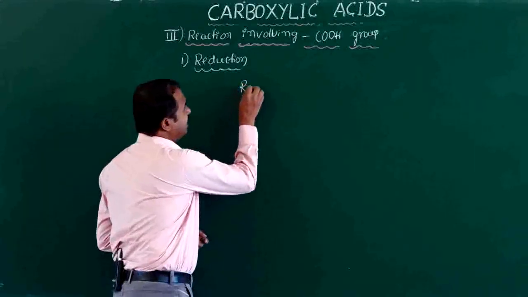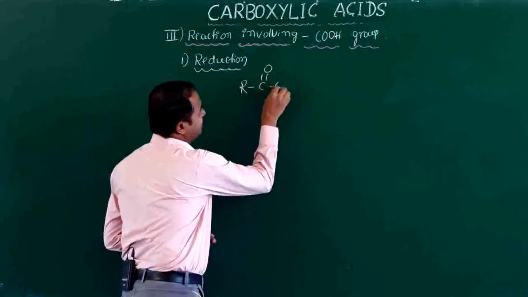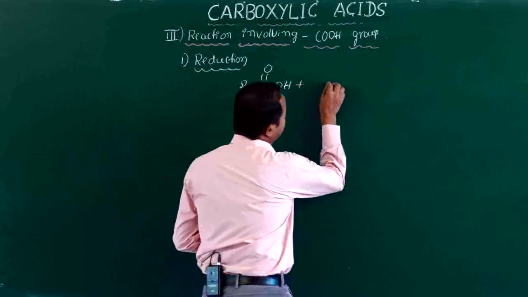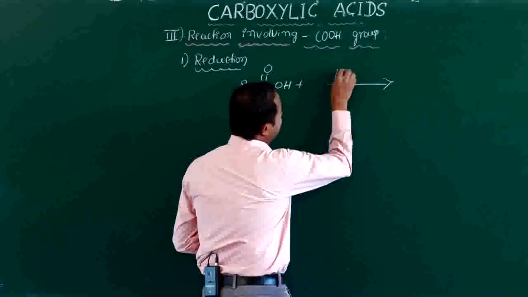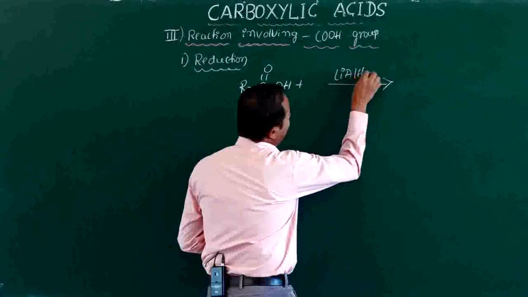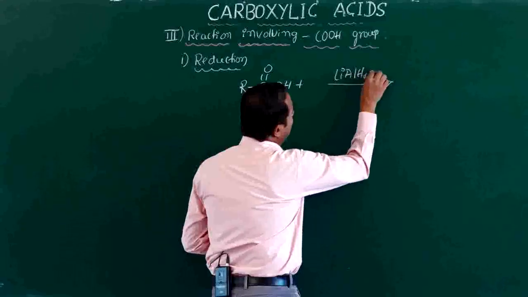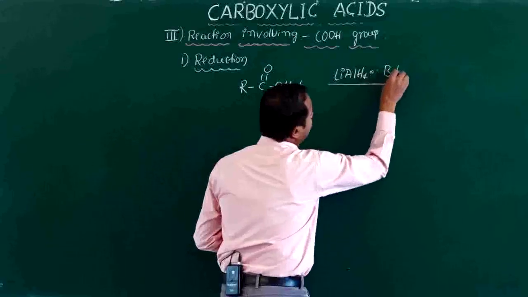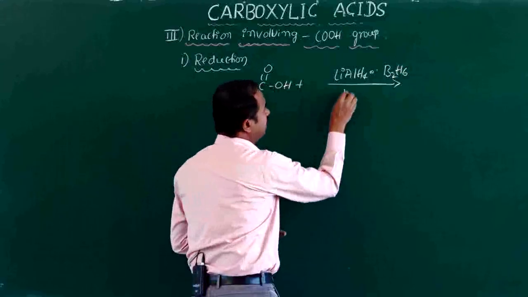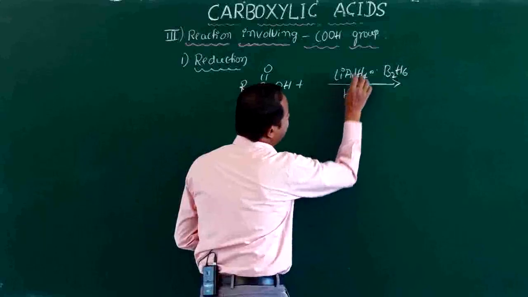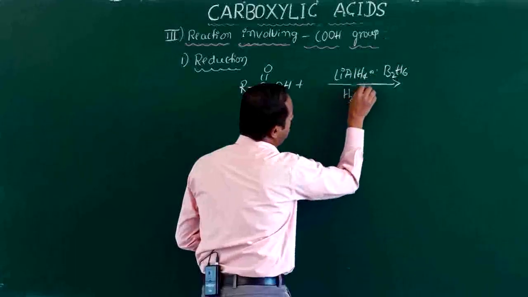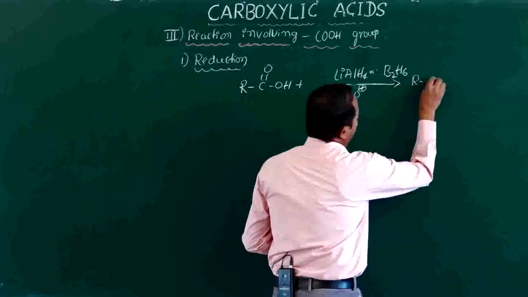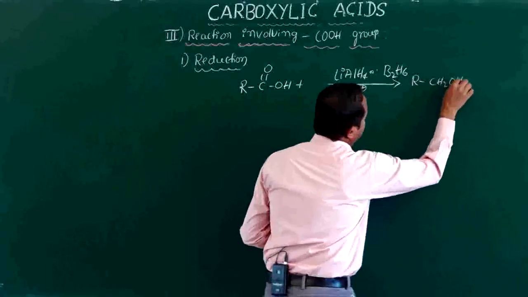For example, I will take the general formula of carboxylic acid. Carboxylic acid is reduced with lithium aluminum hydride, or diborane, or sometimes we go for acid hydrolysis H3O+, to form primary alcohol.